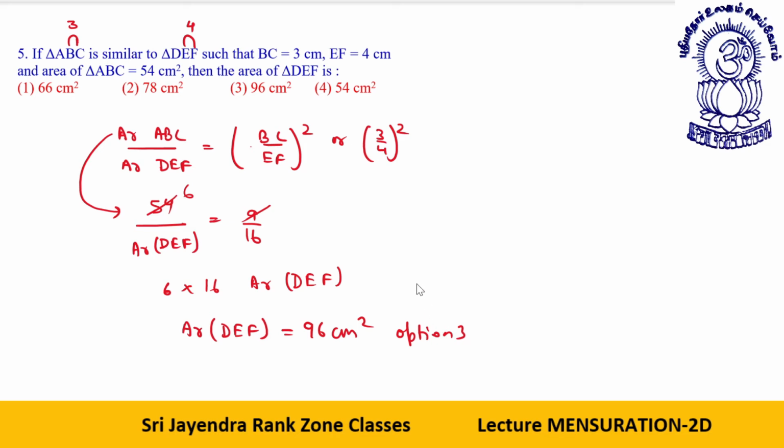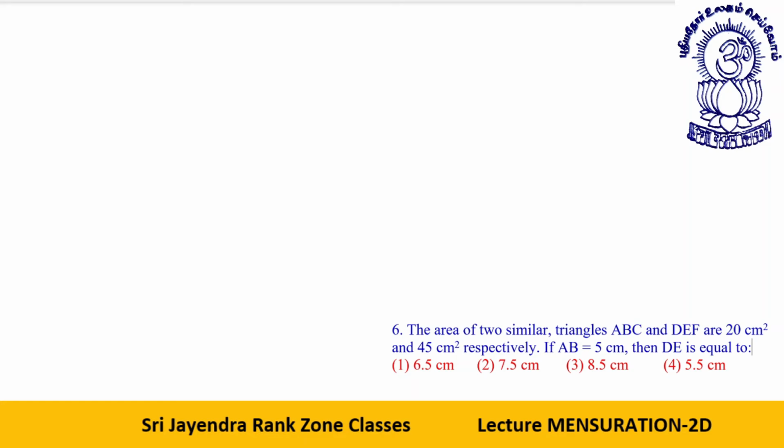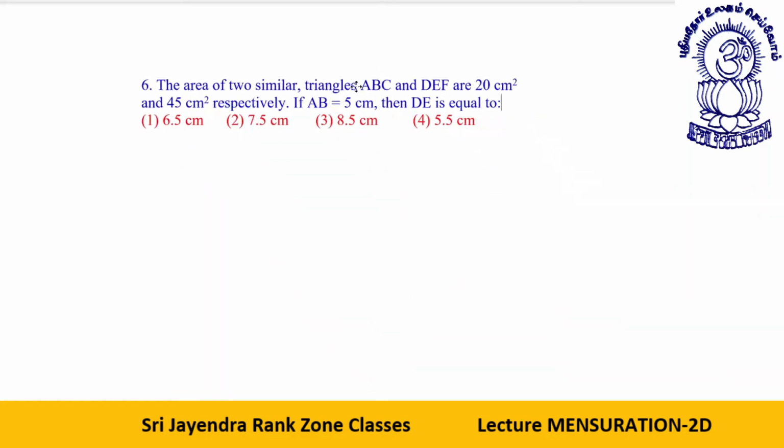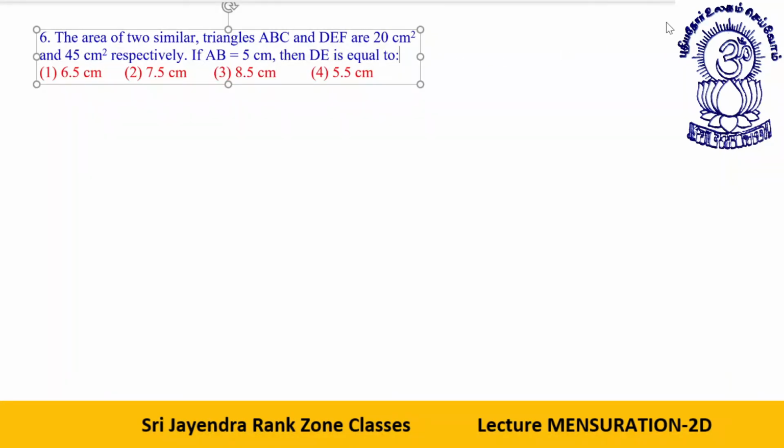Okay, dear students. Next one. Areas of two similar triangles ABC and DEF are 20 by 45.